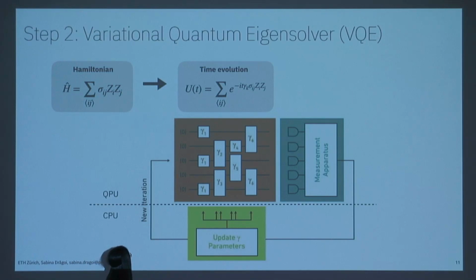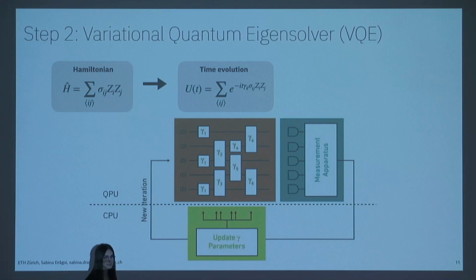So what you do is you create this ansatz, this circuit, which has a predetermined set of gates, but each gate can take in a parameter. You run this circuit, and at the end you perform measurements and extract your probability distribution.